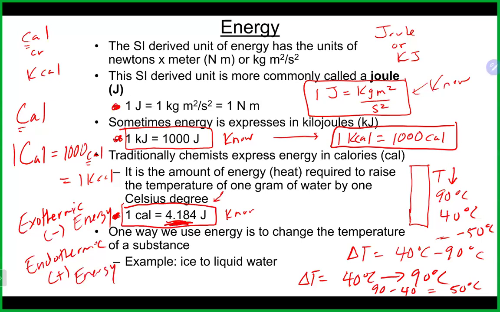And really the one thing that determines in most calculations whether you will gain energy or lose energy is the temperature change. So again, based on the temperature change that you see, you'll either have somebody gaining energy or losing energy in this particular case. Any questions on that there?